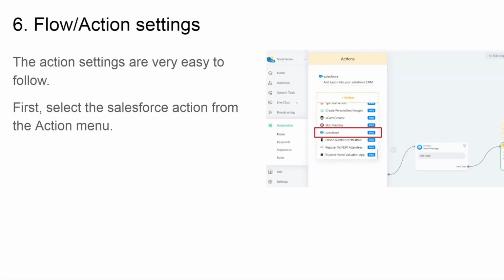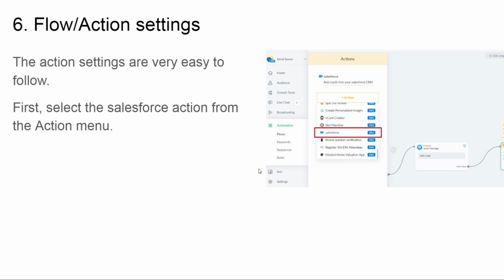Now we have to set up the actual flowbuilder action. If you install the template, the Salesforce app is installed automatically with your template, and there should be a link in your action menu, as you can see right there on your screen. Just go to Actions, or select an action if you didn't install the template.